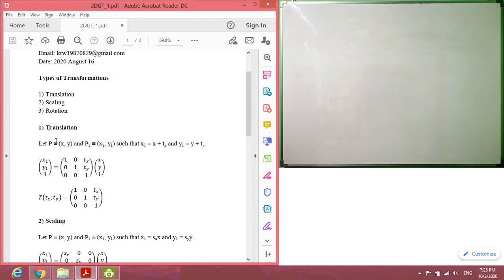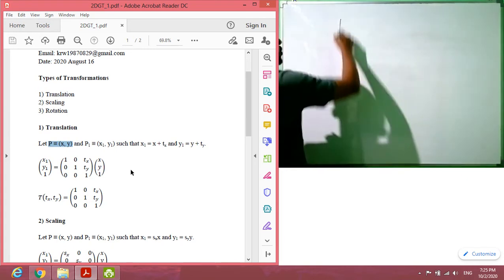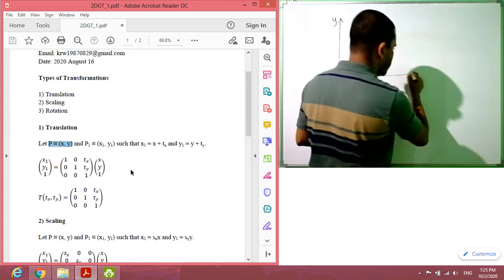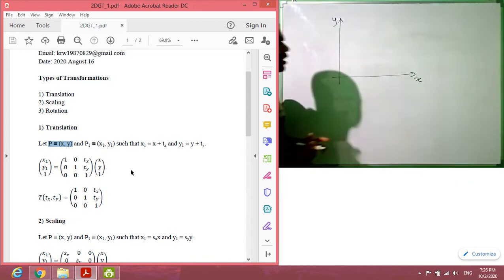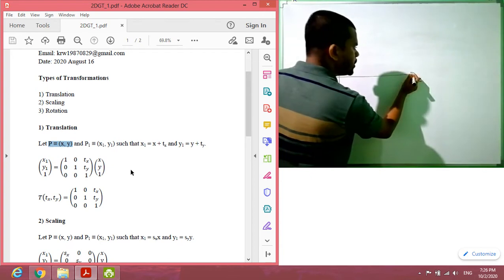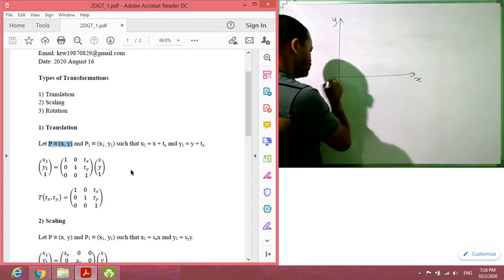So we have to consider a point P. So for that let's consider the coordinate system. This is our x-axis and y-axis. This is the origin.